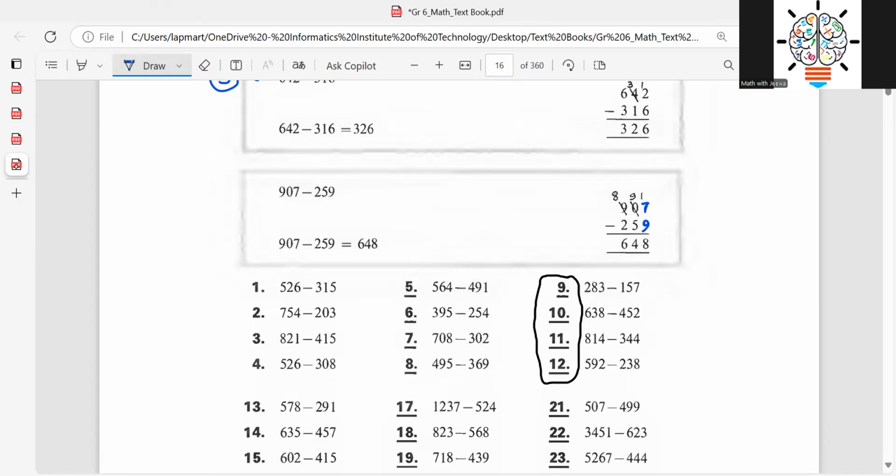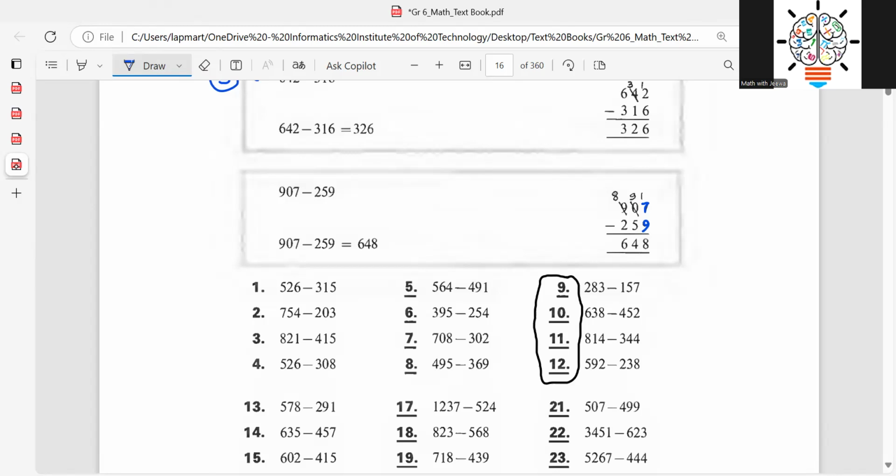So then you want to borrow from the next door, that is from 9. When you borrow 1 from 9, that becomes 10. This 0 becomes 10. From 10, when I borrow 1, this 10 becomes 9. And this 7 becomes 17. From 17, I deduct 9, it gives me 8.